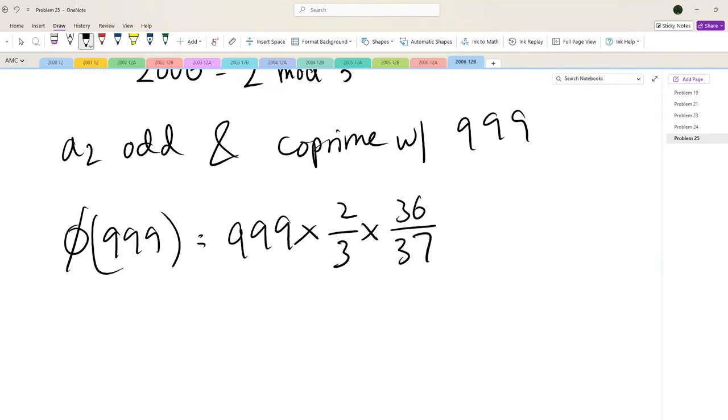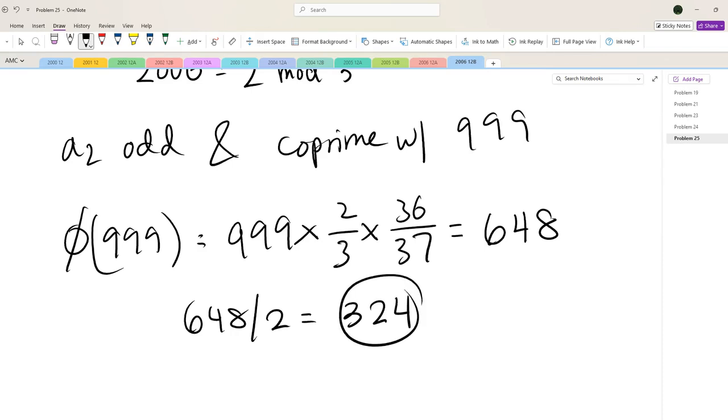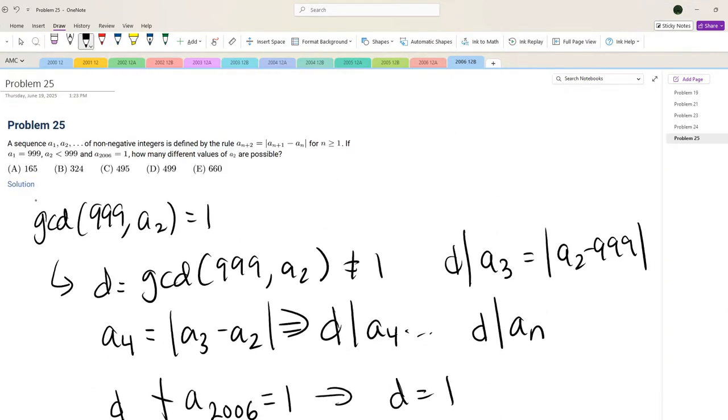So this would be equal to 648. And then because we only want the odd values of those, we do 648 divided by 2, which is 324. Thank you.